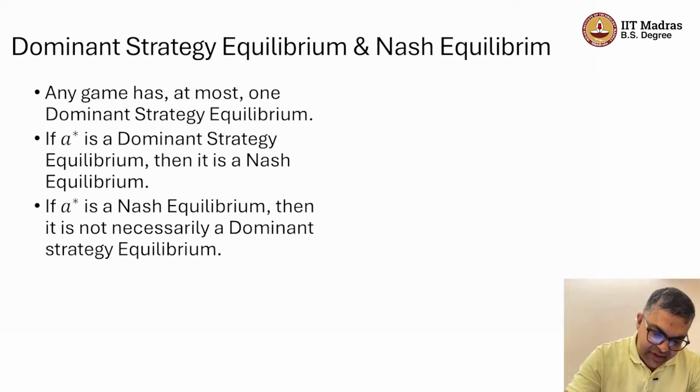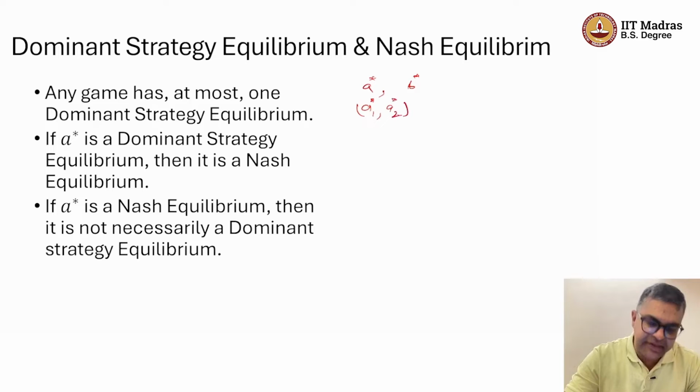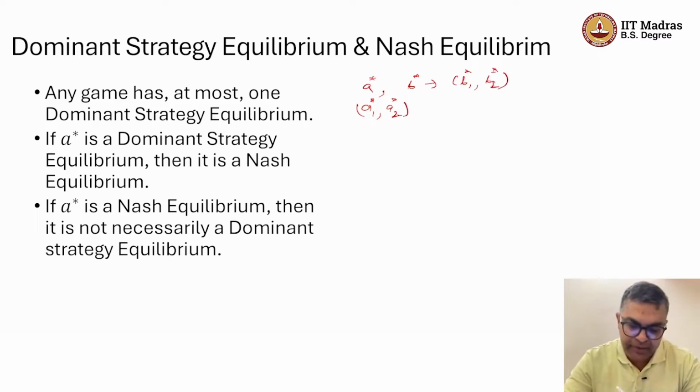So let us say there are two dominant strategy equilibria, A star and B star. Because we take the two player setting, in fact this one is the easier one, you can do the n player setting also, but nevertheless we will talk about two players only. If A star is a dominant strategy equilibrium, each player is playing his or her dominant strategy in this equilibrium.